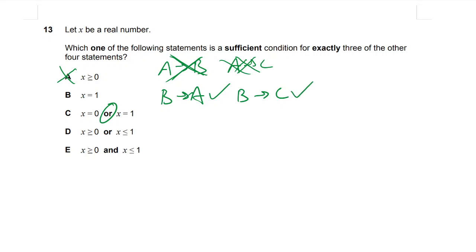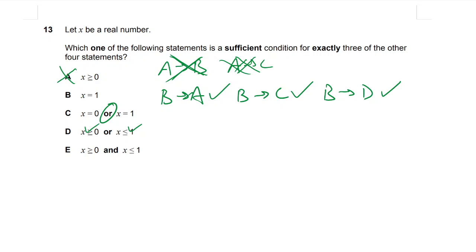Does B imply D? It does as well, because it satisfies both of them. x is greater or equal to 0, that's good, and x is less than or equal to 1, that's also good. So B does imply D. Seems like 3 statements are okay.